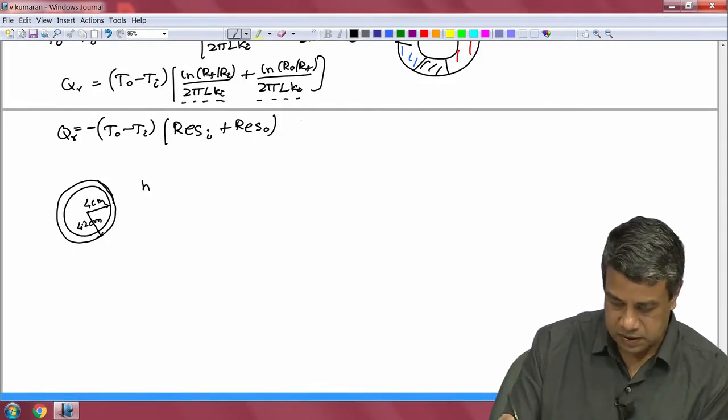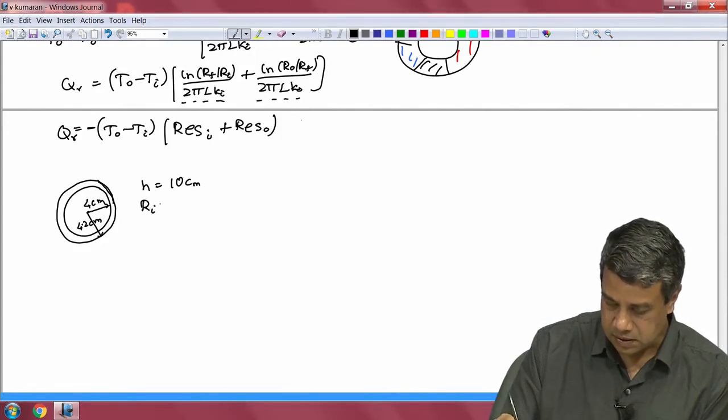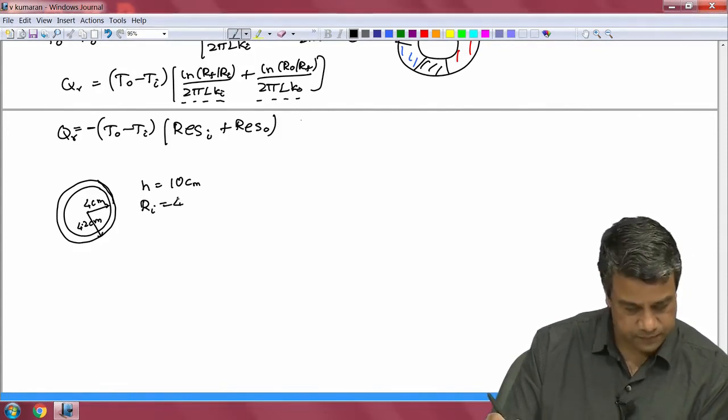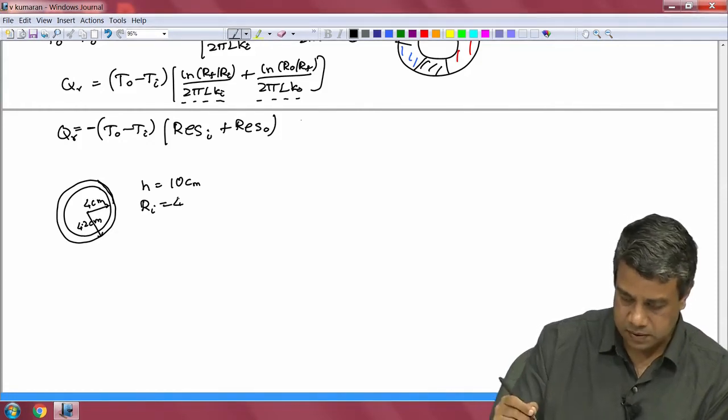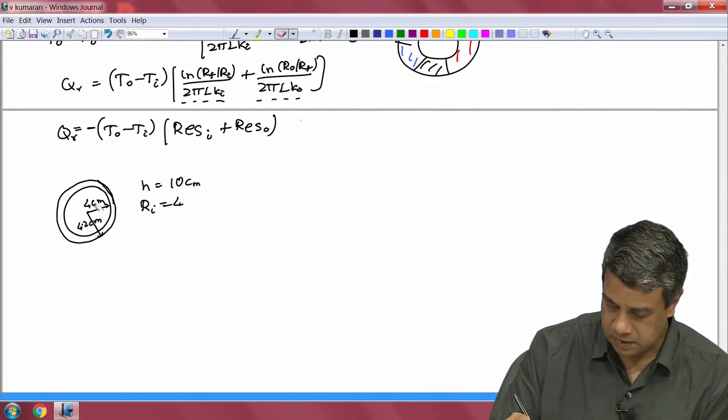And the height is equal to 10 centimeters. Let me be a little careful here.